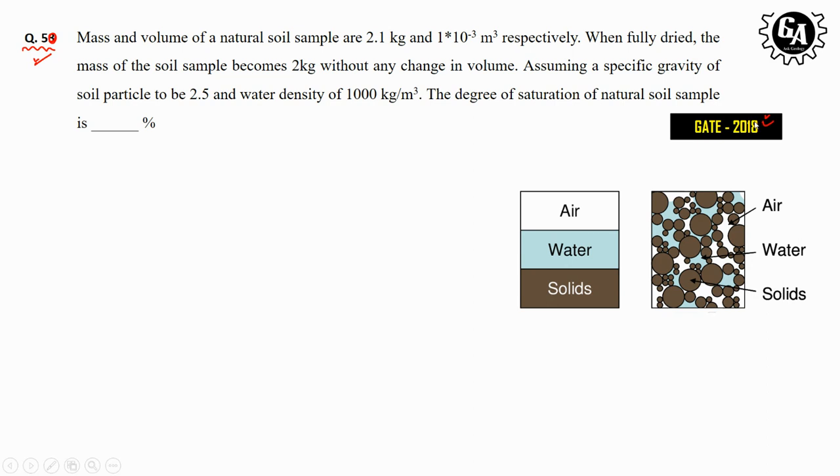Now the question is: mass and volume of a natural soil sample are 2.1 kg and 1 into 10 to the power minus 3 meter cube. This is the mass of the soil sample, and this is the volume.